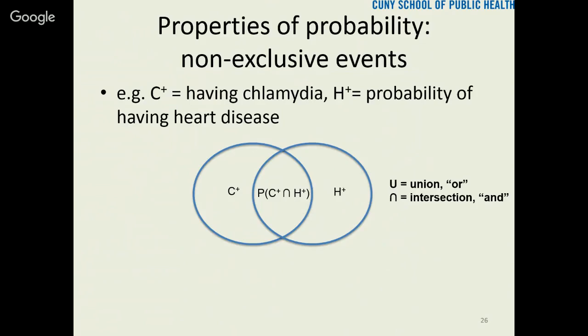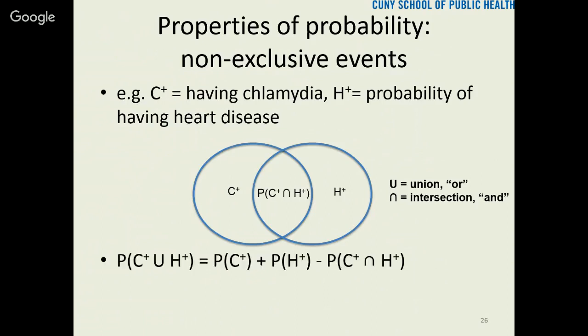Now, as soon as they're not exclusive, such as, say, having chlamydia or having heart disease, then we have this overlap. Okay, so there's some intersection of these two non-exclusive events. And as I mentioned, remember before we just added these two probabilities, if you just do that, you're counting this intersection twice, so you actually have to subtract it to correctly calculate the probability of this union.